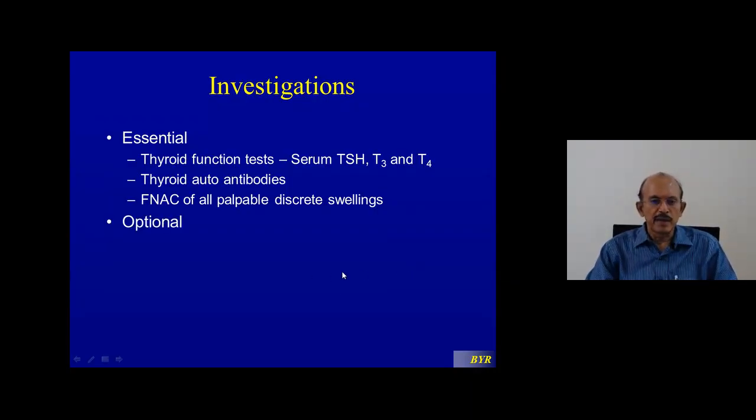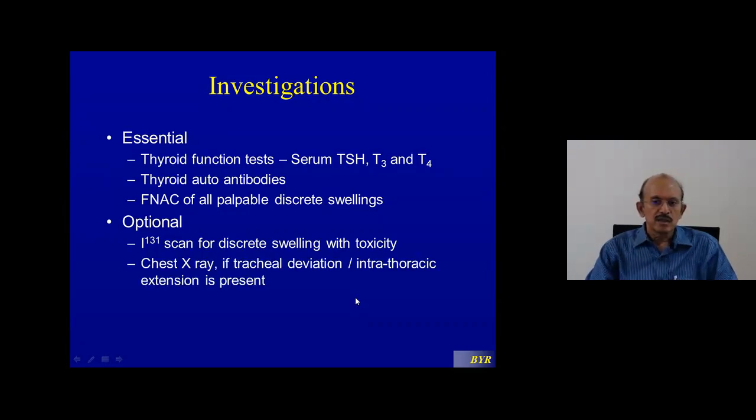Optional investigations being I-131 scan for discrete swellings with toxicity, chest X-ray if tracheal deviation or intrathoracic goiter extension is present, CT or MRI scan if thyroid is fixed, that means if it is malignant, and ultrasound scan.